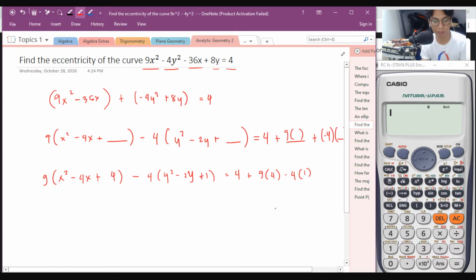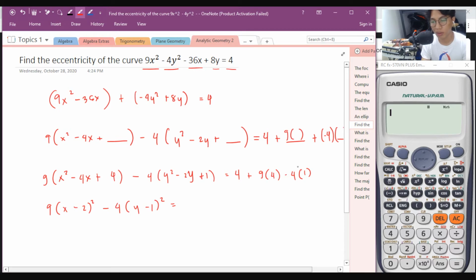Basic yan. Okay, so pwede ko nang simplify. This is a perfect square na. x minus 2 squared minus 4 times y minus 1 squared equal to.